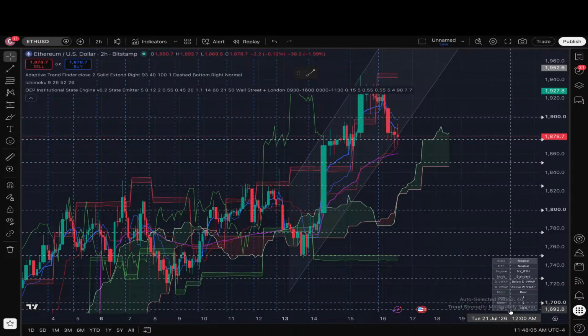So these are very important pieces of information to have before you go into a trade. You need to know whether it's a bear market. Is it a micro bear market or short-term bear market? Is there a probability for a long or short position?